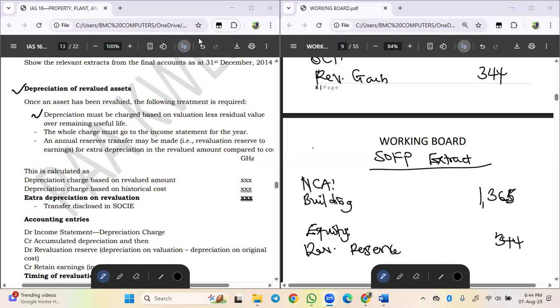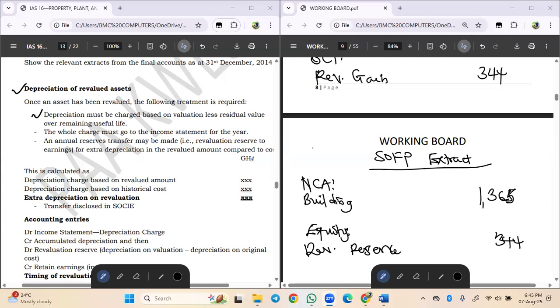Okay, the depreciation is charged on that revalued amount, not on the historical cost, because mostly we use the straight line method. So the depreciation is mostly charged on the cost, the acquisition cost. But whenever there is revaluation, the depreciation is now charged on the revalued amount less the residual value as at that date, and also the useful life as at that date.